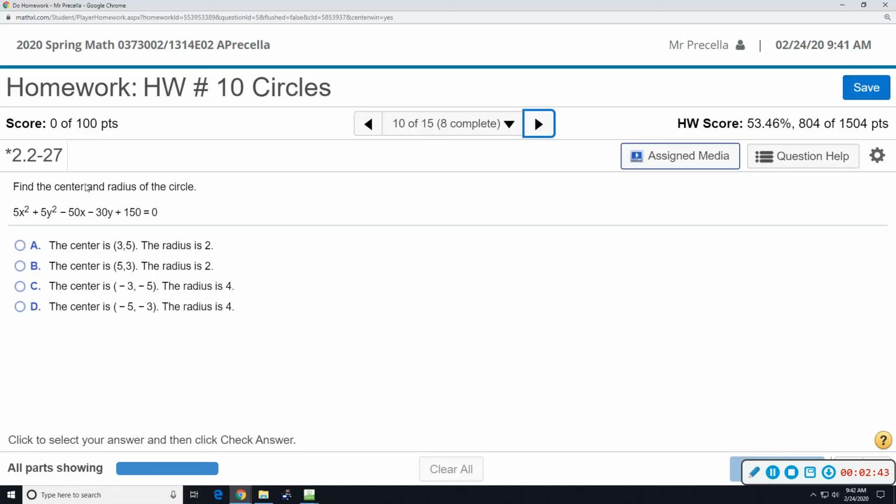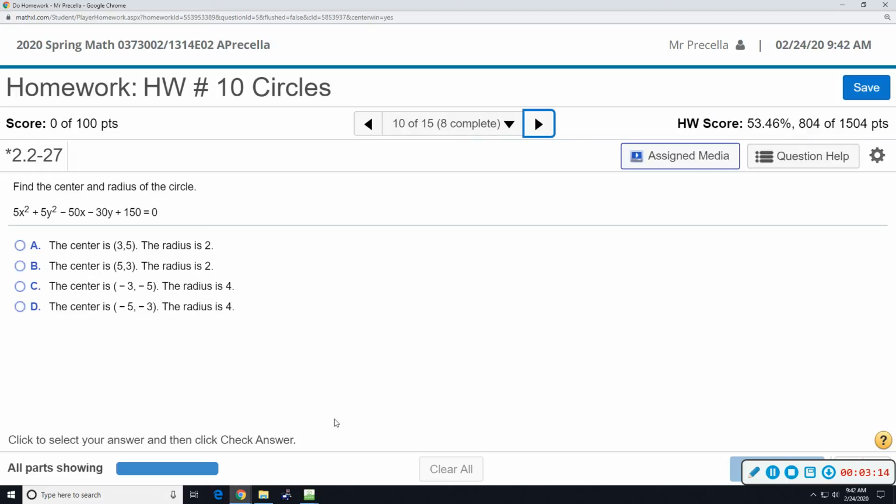5x squared plus 5y squared minus 50x minus 30y plus 150 equals 0. And here we don't have to do any graphing, it's just a multiple choice one, okay?